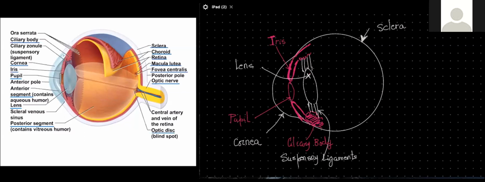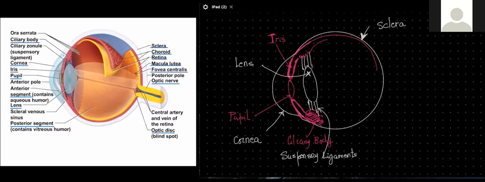As a continuation of the vascular layer lining the remaining part of the sclera, we call this internal lining of the sclera, this is my choroid.